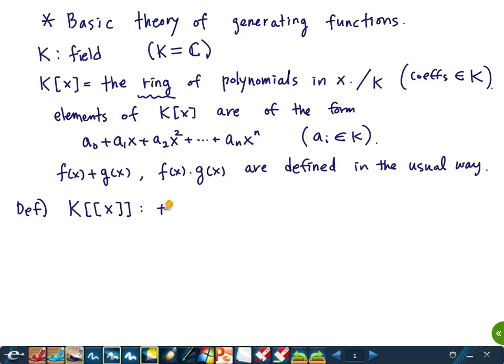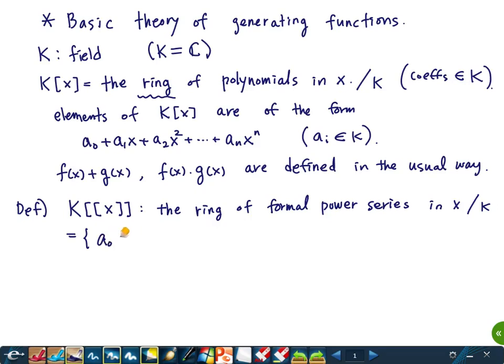This is the ring of formal power series in variable x over K. So typically, the elements can be written in this way. You can think of this as a generalization of this, only we have infinitely many terms.